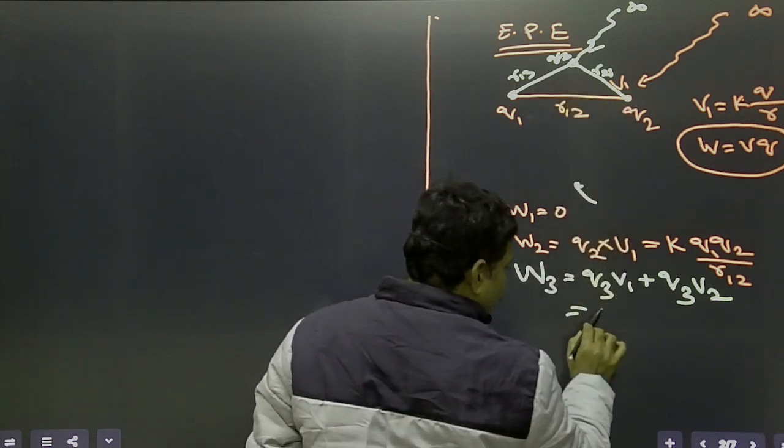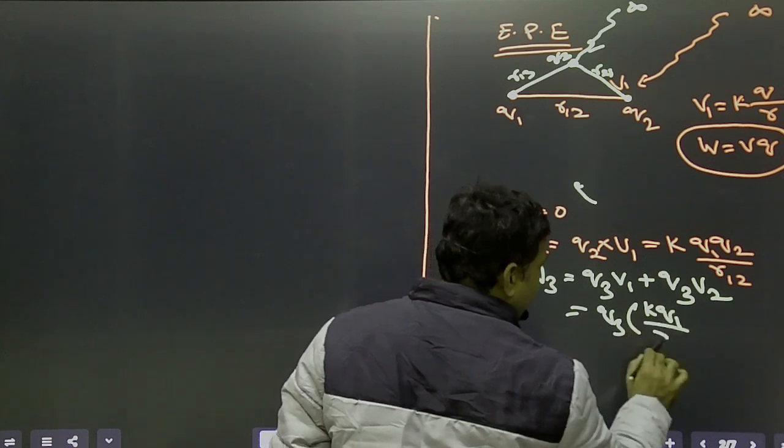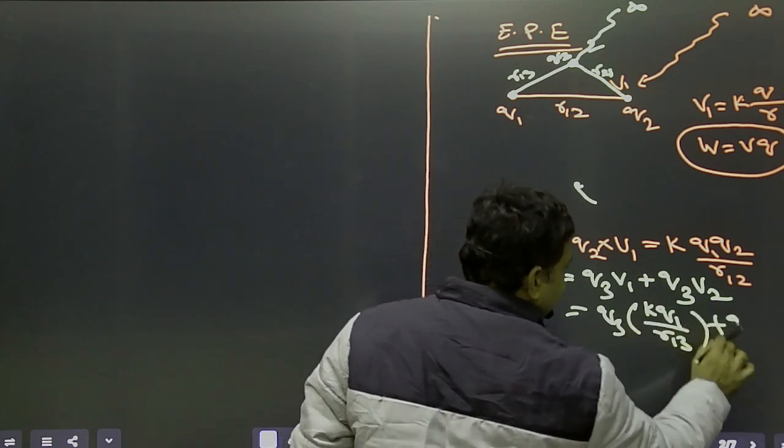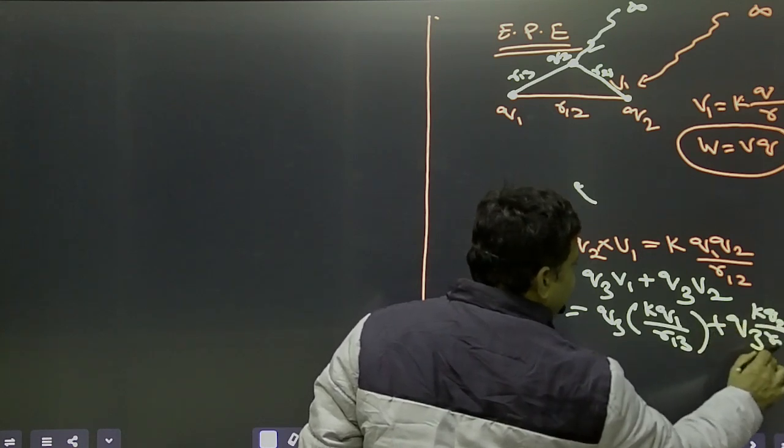So this will be equal to q3 times v1, where v1 is k q1 upon r13, and similarly q3 times v2, where v2 is k q2 upon r23.